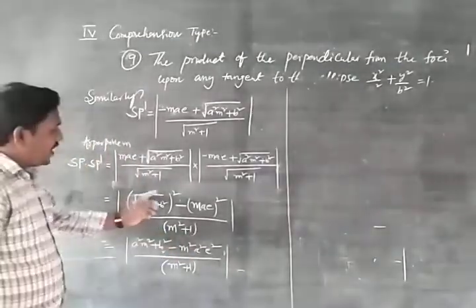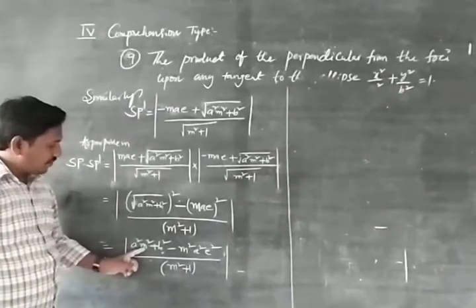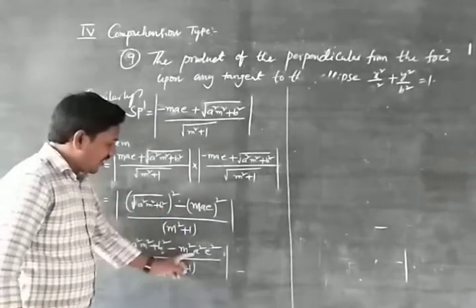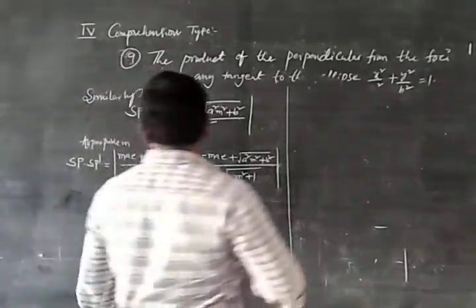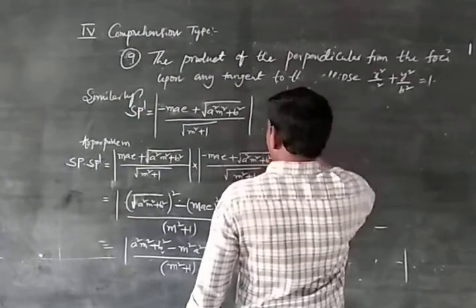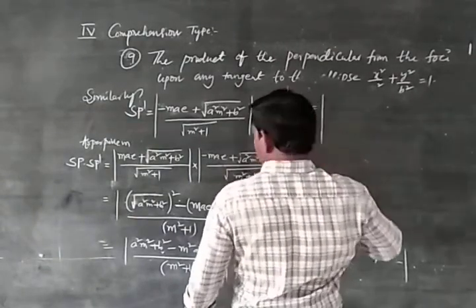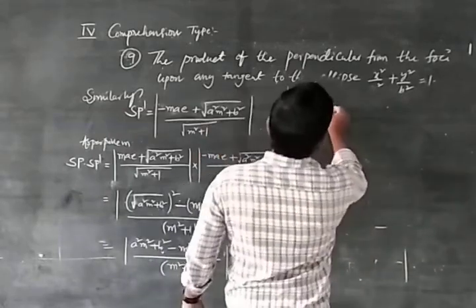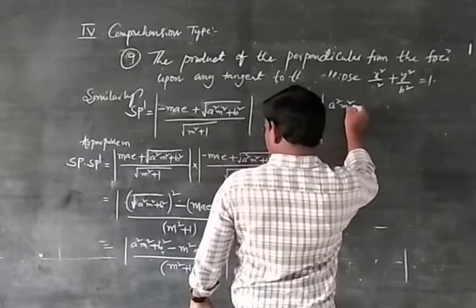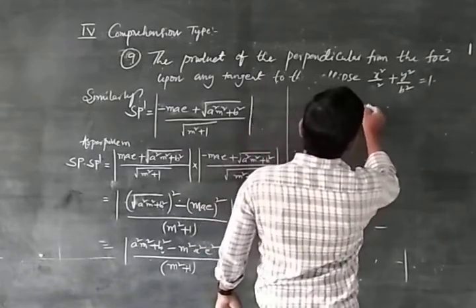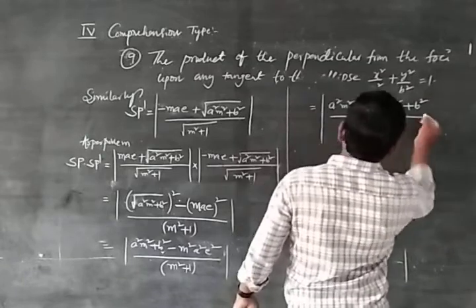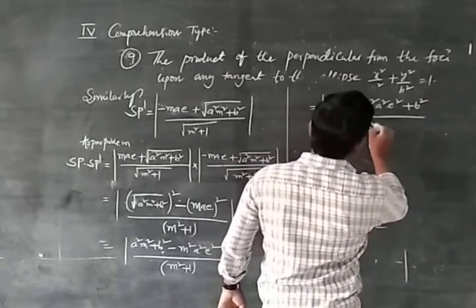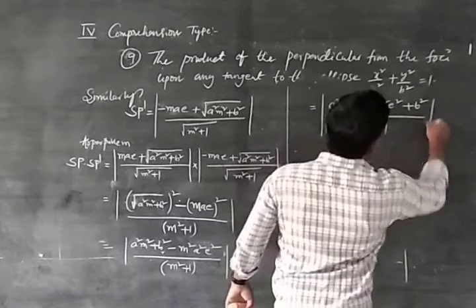Now, rearrangement: a square m square minus m square a square e square plus b square, by m square plus 1.